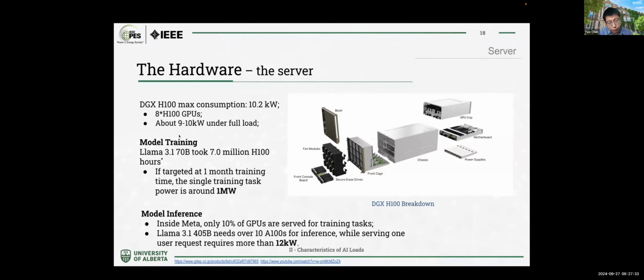So for serving one customer, the peak power is around 12 kilowatts. That's not a small number, especially considering millions of customers may use the same model simultaneously. That will definitely incur unseen power interruptions to the current power loads.